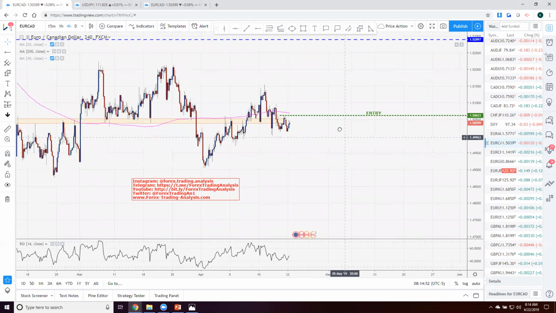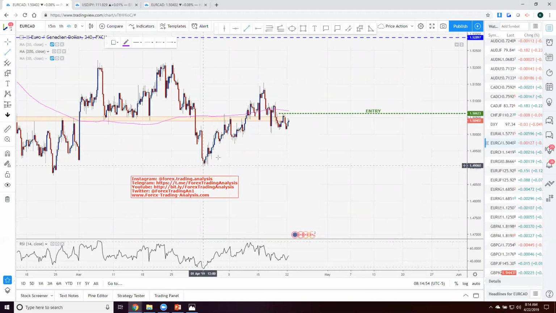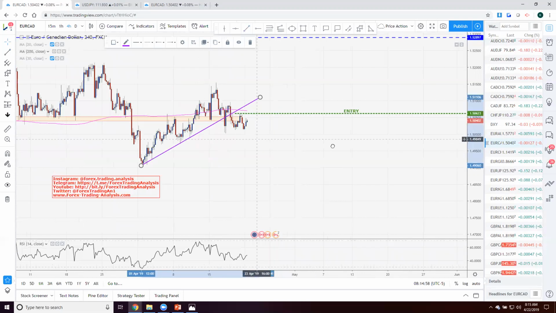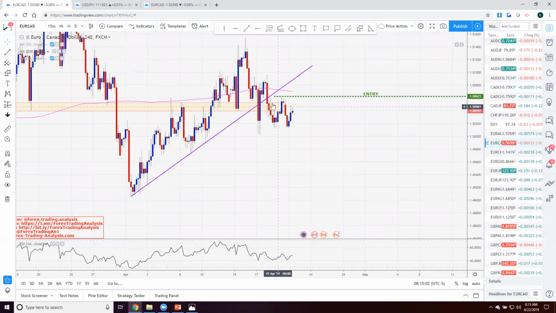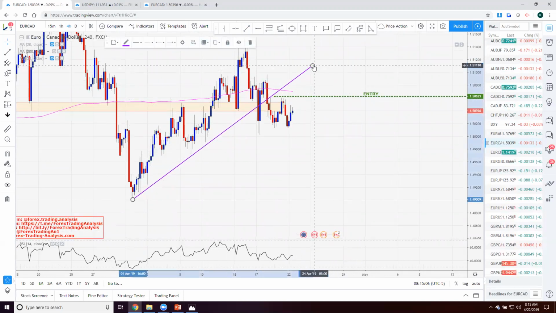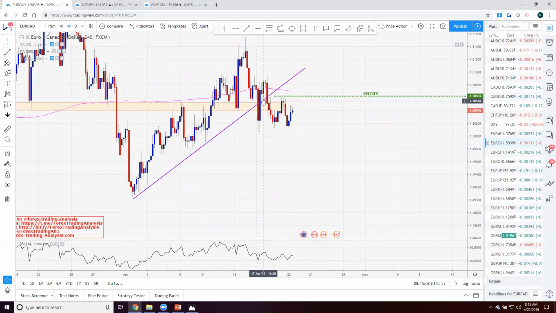I believe that was more of a trend line breakout retest. So we had a false breakout here, retested. We entered after the break again.